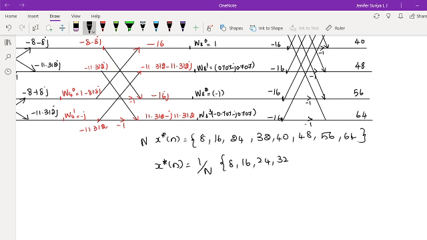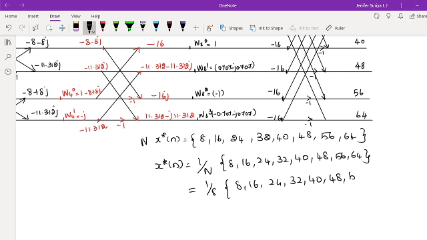When you divide by 8, you will get 1, 2, 3, 4, 5, 6, 7 and 8. So this is for x star of n.